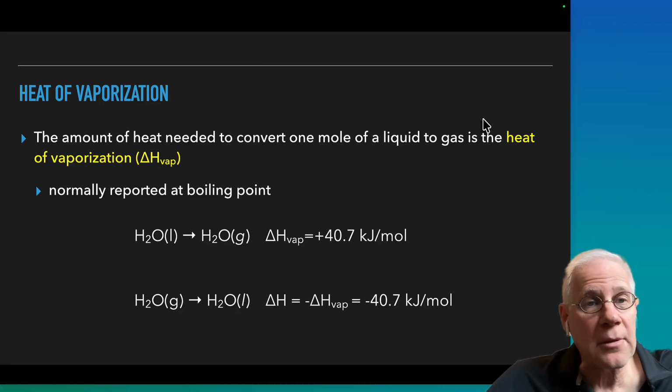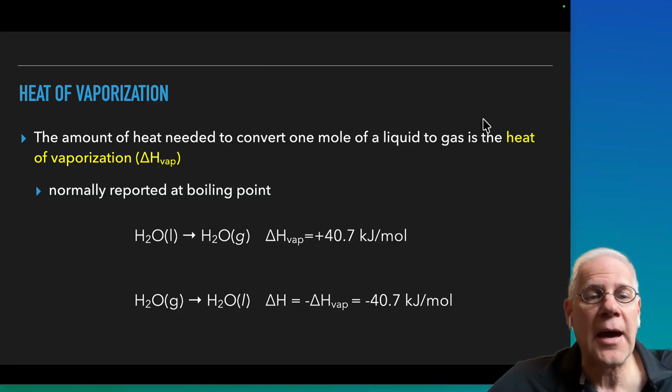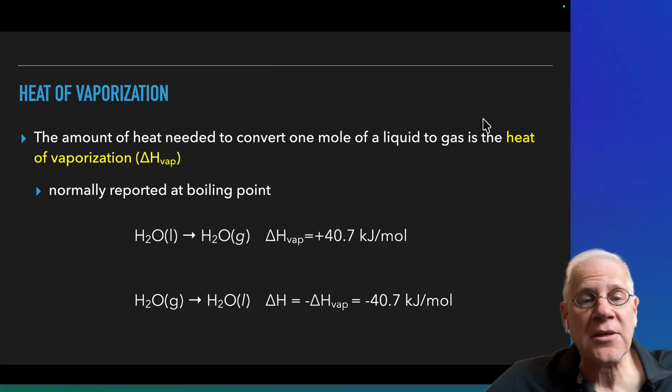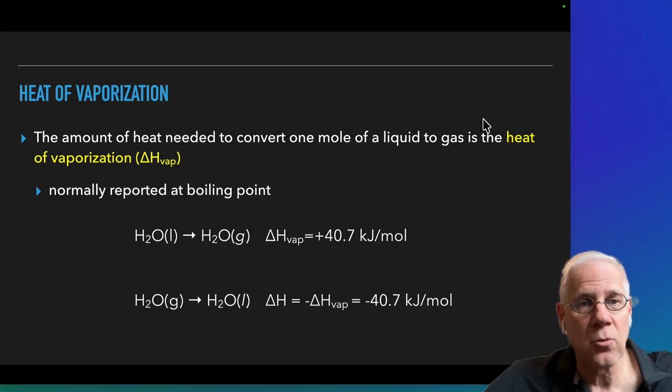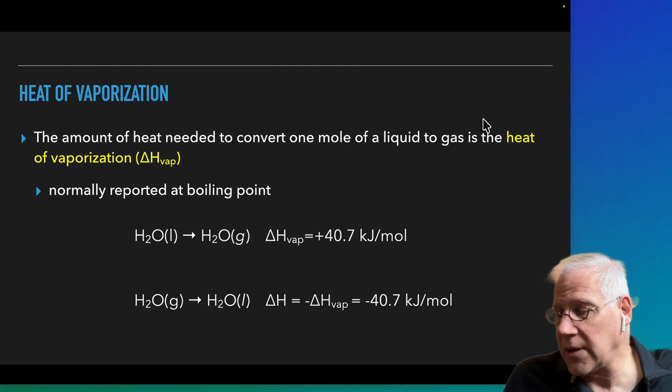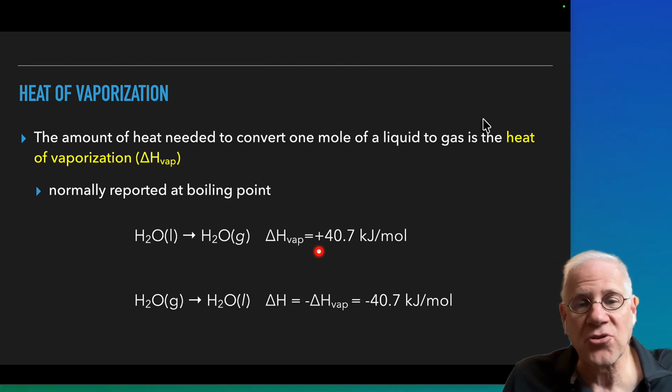And so for something very common like water, if we look at the amount of energy needed to take liquid water at 100 degrees Celsius and turn it into water gas at 100 degrees Celsius, we get an enthalpy of vaporization of 40.7 kilojoules per mole.